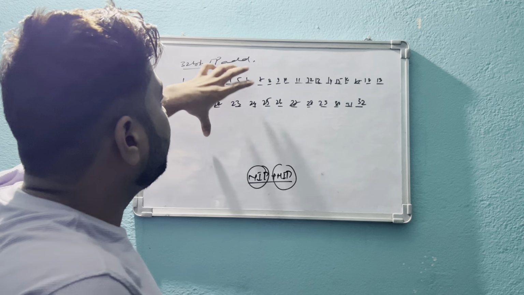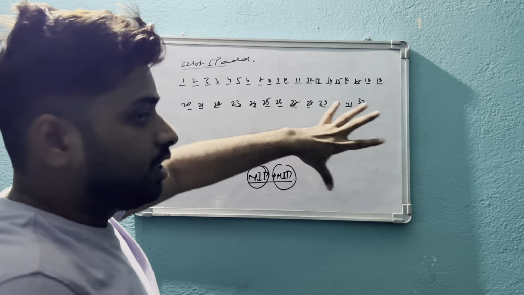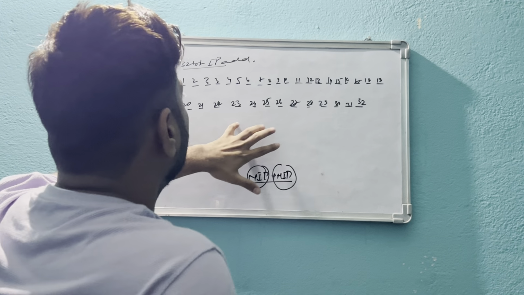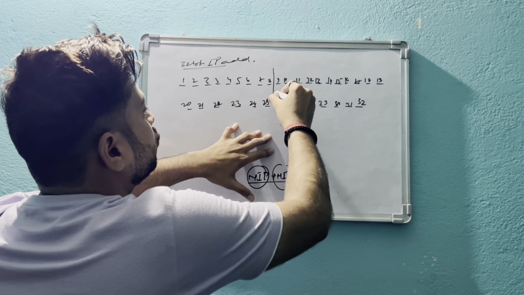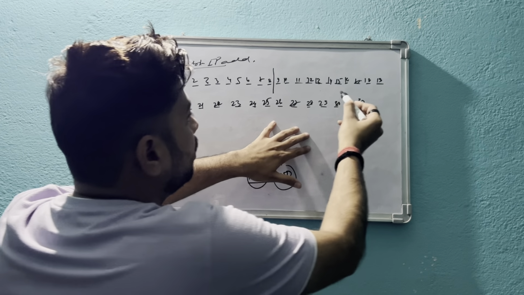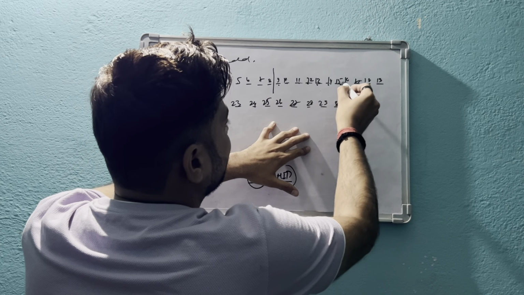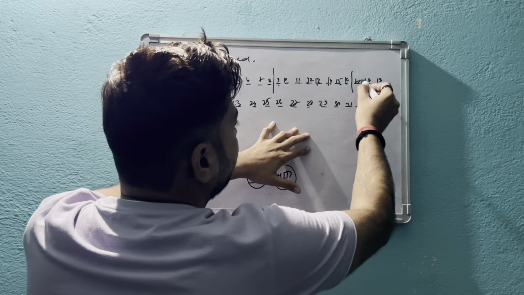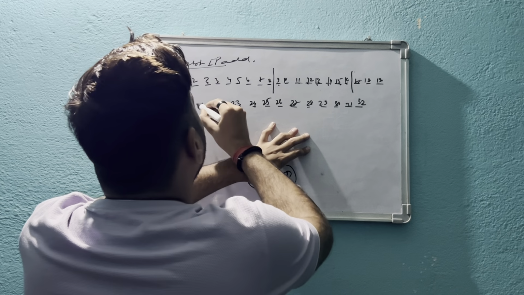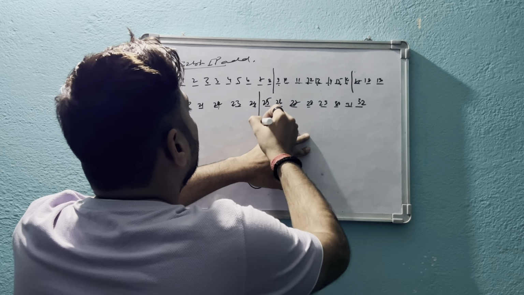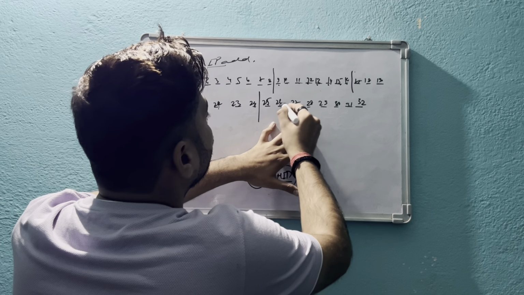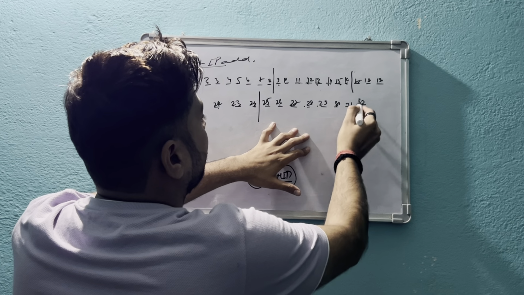We divided these 32 bits into 4 different octets. So 8 bits go to the first octet. The second 8 bits go to the second octet. The next 8 go to the third octet, and the last 8 to the fourth.